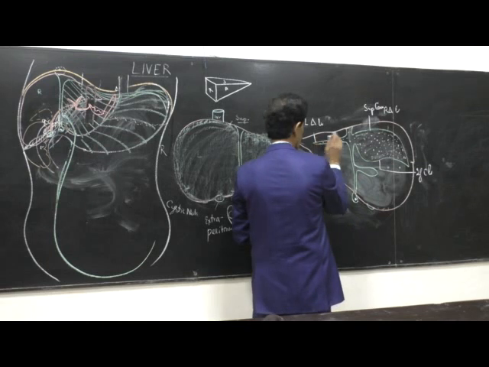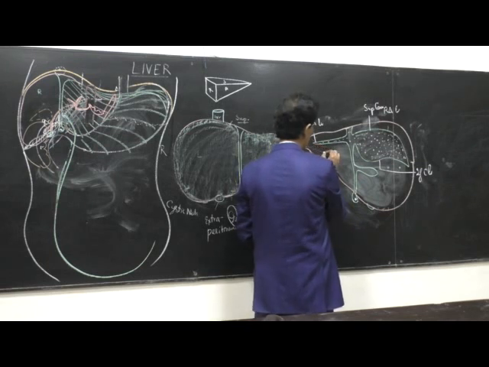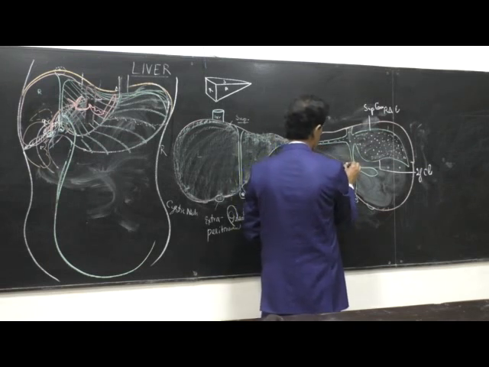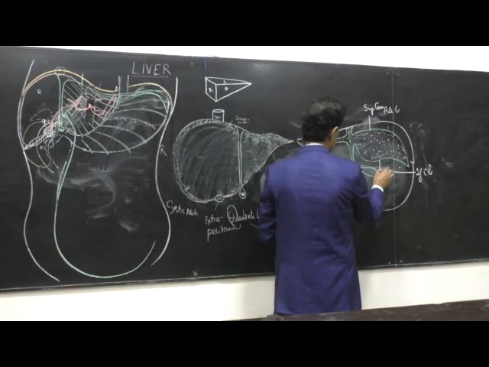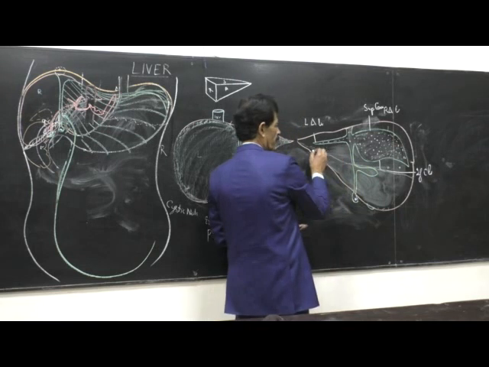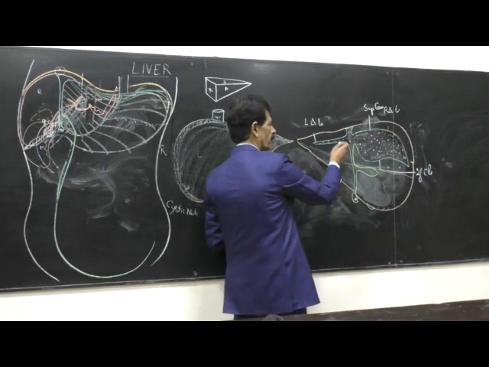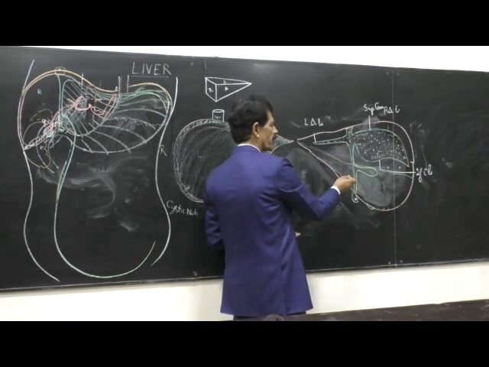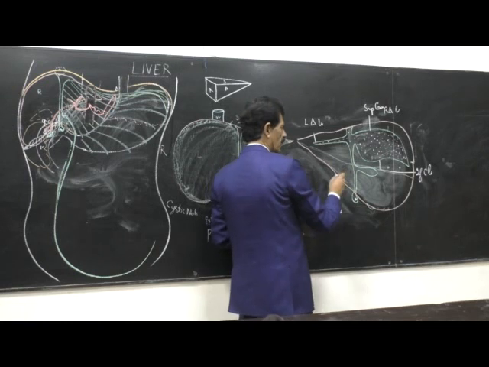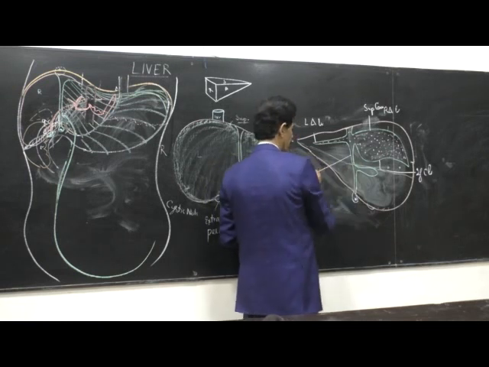This is the posterior surface, and there is a very faint line which separates the posterior surface from the inferior surface. It is very ill-defined, so it is negligible. So the posterior surface is merged with the inferior surface of the liver. And so this is the ligamentum venosum.